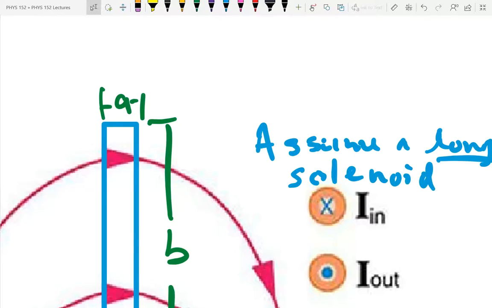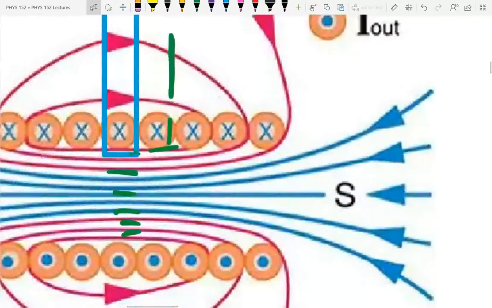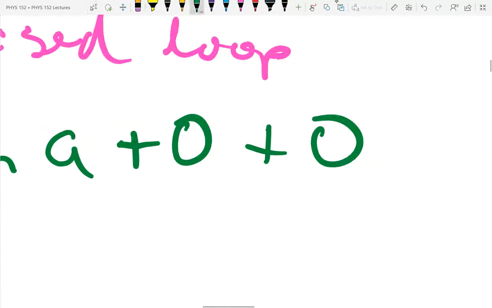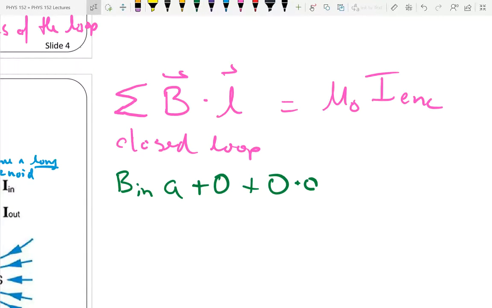It's going to be 0. So I'm going to make B really large, because in that case, it's just going to be 0 magnetic field for the last one. So my shape made it so the circulation was just the magnetic field inside times that length A that I had for the width of my rectangular loop.